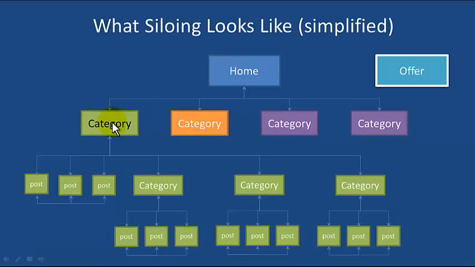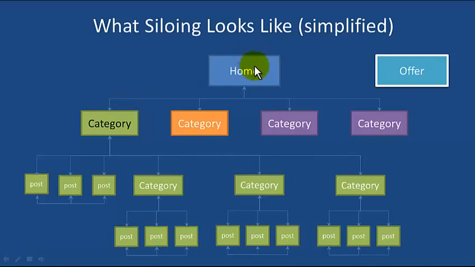And within this particular category silo, we have posts related to that category, and subcategories within the category based upon sub-keywords, and we have posts within that all linking together, and again more categories and more posts all linking within each other to create like a mini website within a website, a silo.